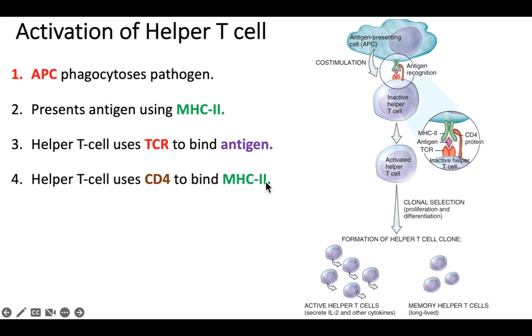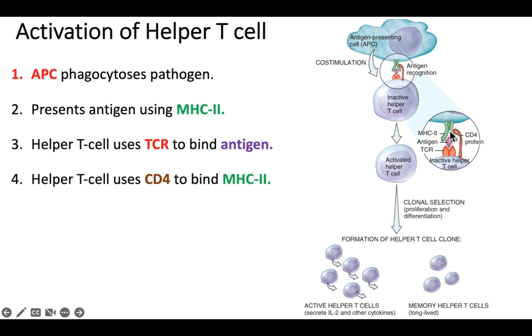So think about what this means. It's kind of like having two locks and two keys, and you turn the two keys and now you get activated. So this is telling the helper, number one, that there's an antigen loose. Number two, it knows that this must be an APC because it's got this MHC2 here.